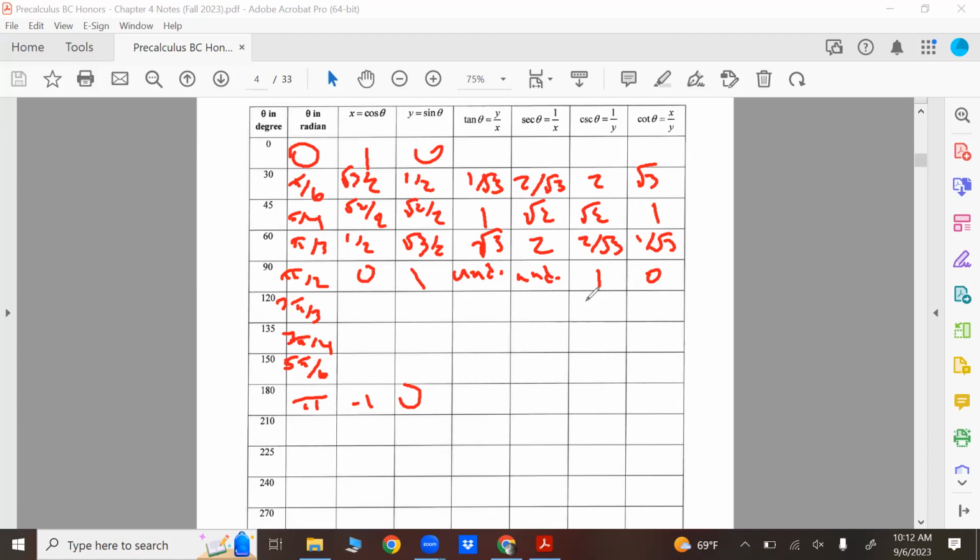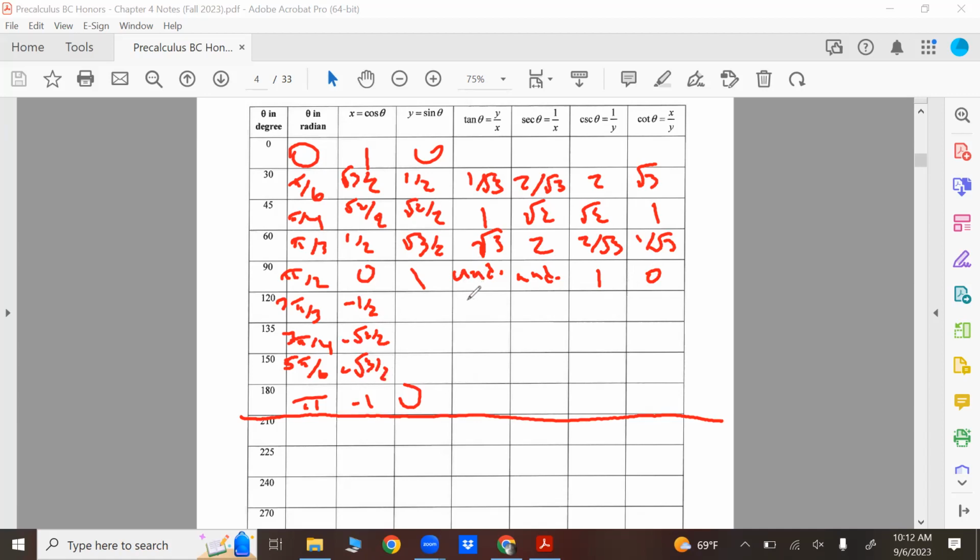It's just all the coordinates, right? You know what, I don't want to torture you guys. We won't go past 180 because you guys get the point. But just so you see the negative changes, right? So that's negative 1/2, negative √2/2, and negative √3/2.